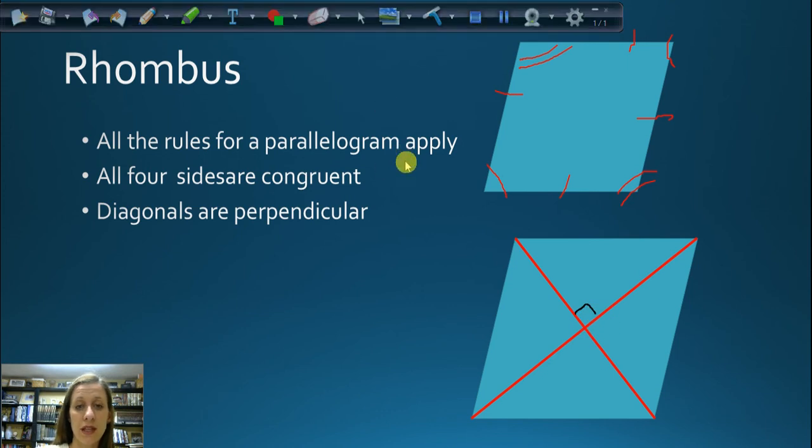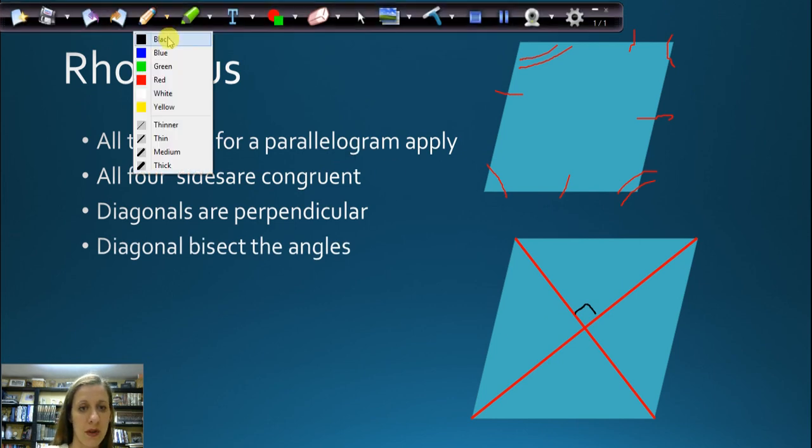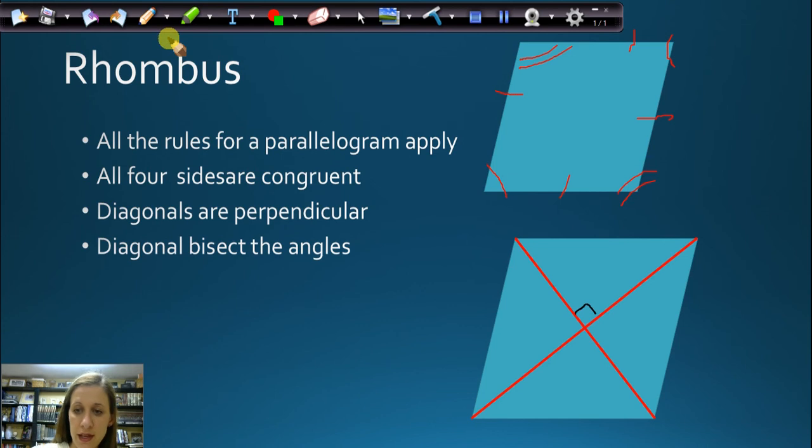And then the other thing you need to know about the diagonals is that they bisect the angles. So these four smaller angles that are all across from each other would be the same measurement. And then these four angles that are all across from each other in the rhombus will also be congruent.